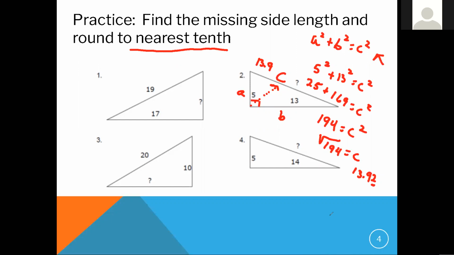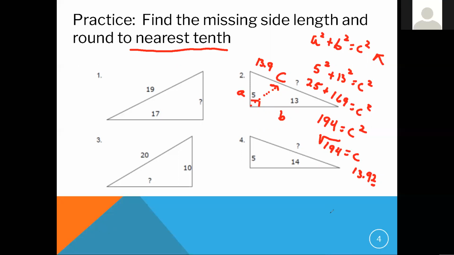One more question. Couldn't I have just added 17 squared plus 19 squared and got 194? No, because, go ahead and take the square root of 194 and tell me what you get.